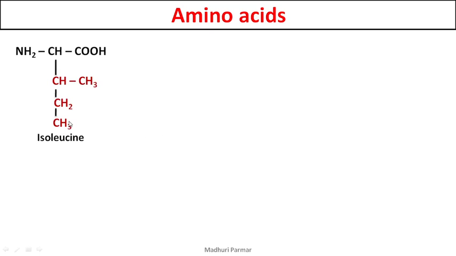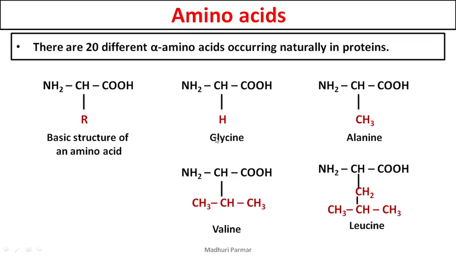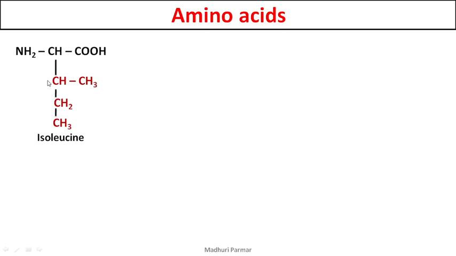Clear? Then you have isoleucine. Leucine, as we saw, has 4 carbons, 1, 2, 3, and 4. Isoleucine also has 4 carbons. Have you studied different isomers like iso, neo? So iso means it has the same 4 carbons, but instead of a Y shape, it will have something like an L shape.